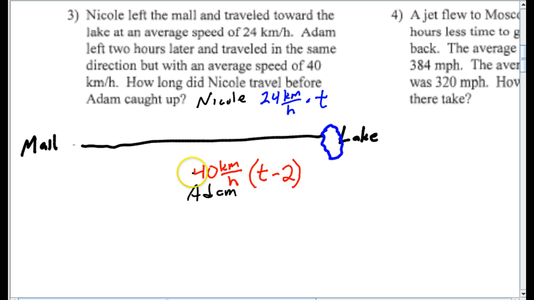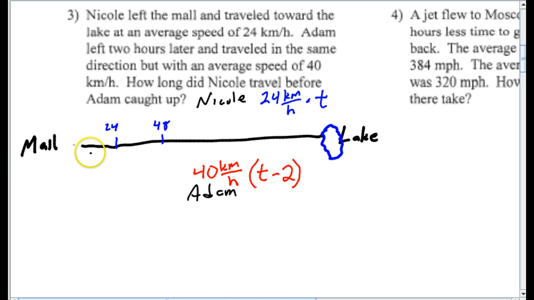But then, you notice how he drove fast and catches up with her. So these should go together. The fact that he left later, so by the time he leaves, if she's going 24 kilometers per hour, she's already 48 kilometers out after 2 hours.